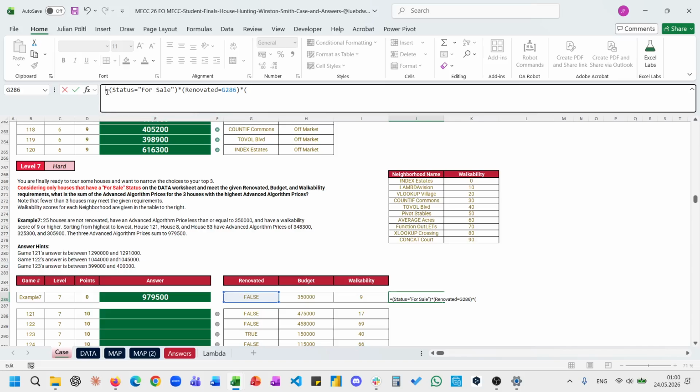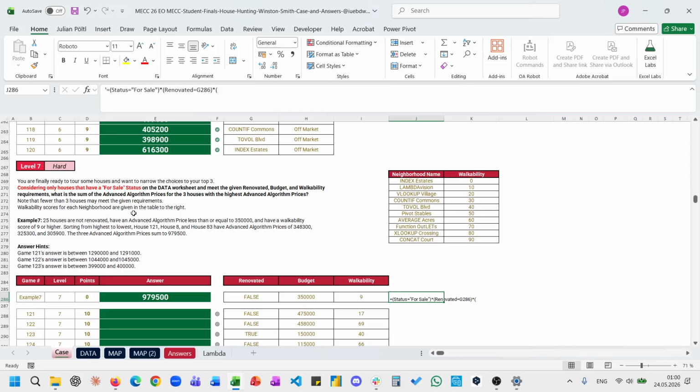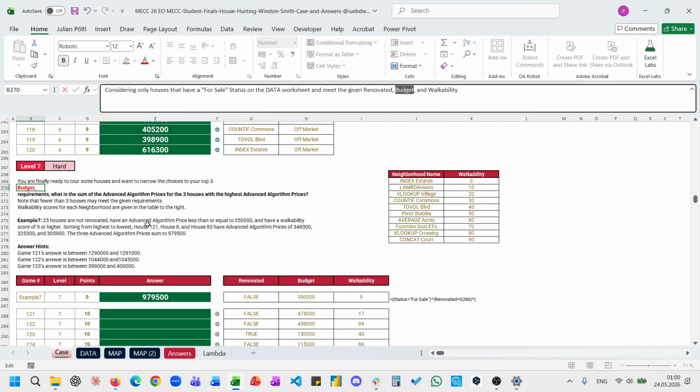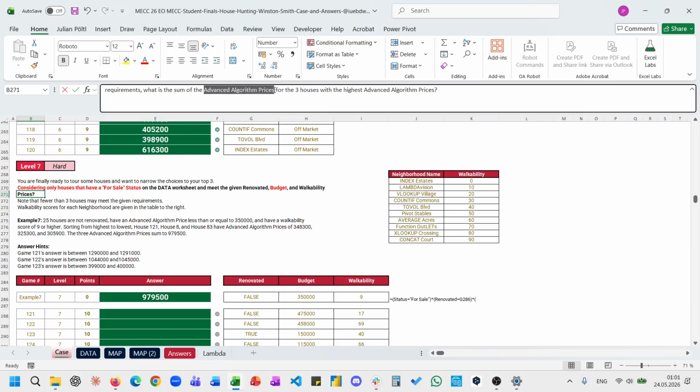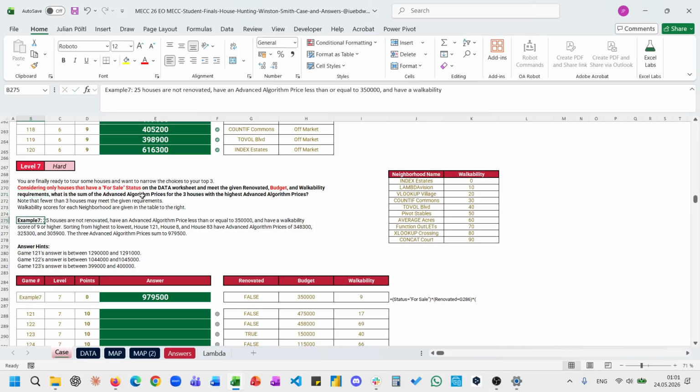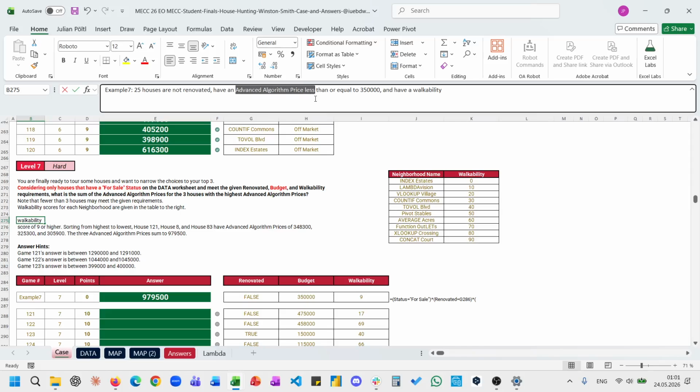Also an issue with the case writing, sorry for that. Budget. Here only the budget is given. Here only budget is written. Then you see here the sum of advanced pricing. But what is the budget based on? You only see this in the example: the renovated have an advanced price less than the budget.